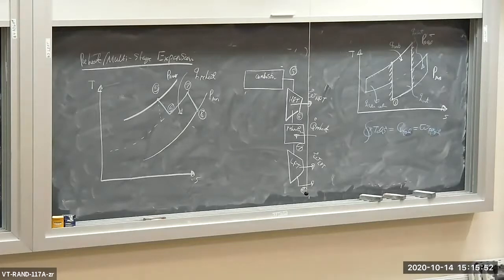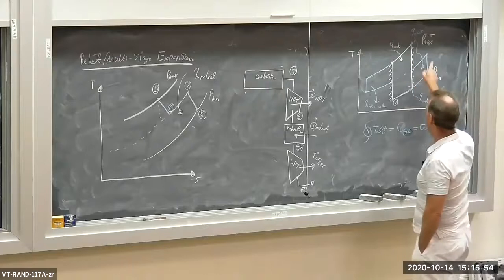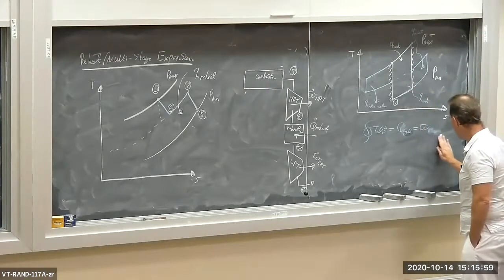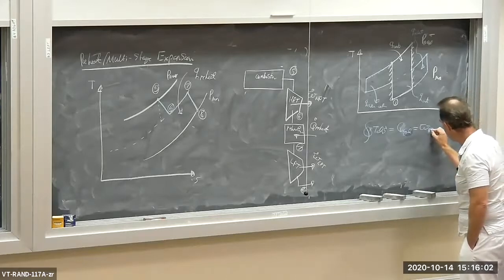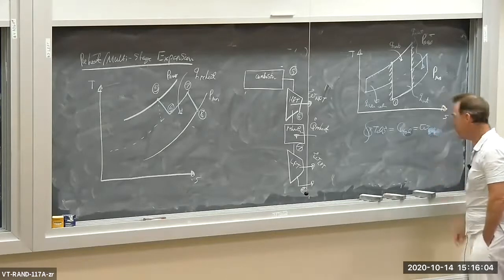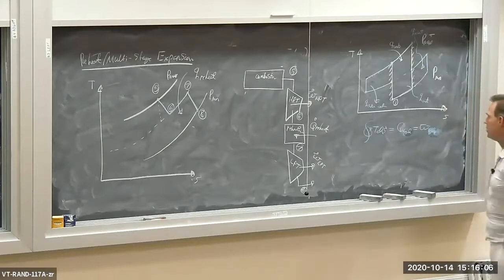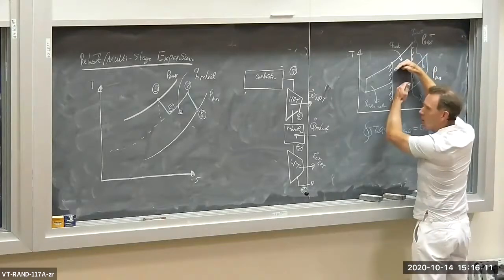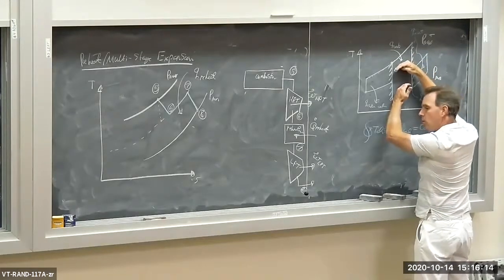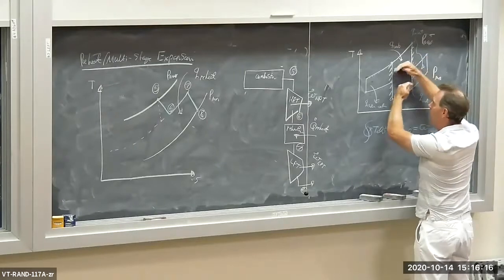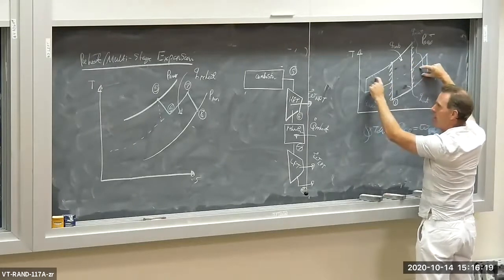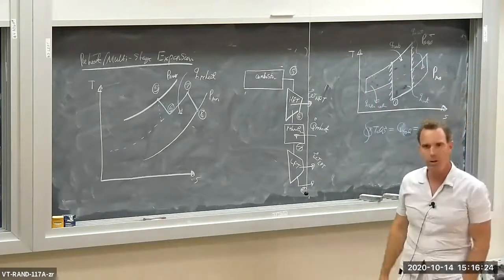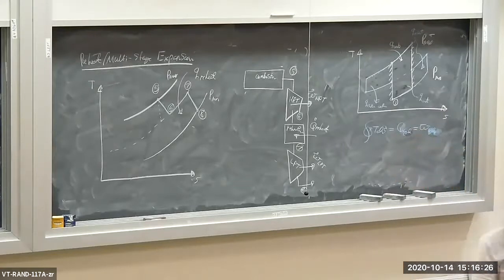So the area bound by the TS curve over a cycle is equal to the cycle work, W cycle. Okay? Now let's compare the areas. The original cycle without intercooling and reheating just had this area right here. The new cycle with intercooling and reheating has not only this area, but it has these additional areas. So the entire area bound by the TS curve is greater when you implement reheat and intercooling.